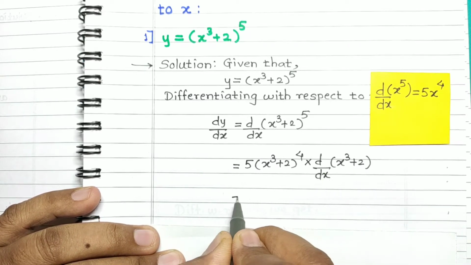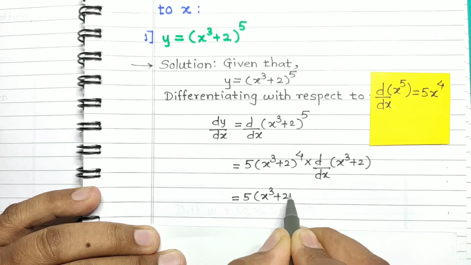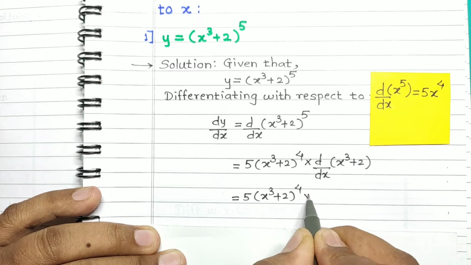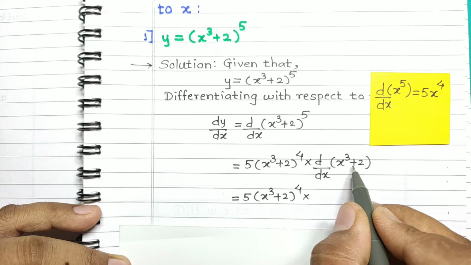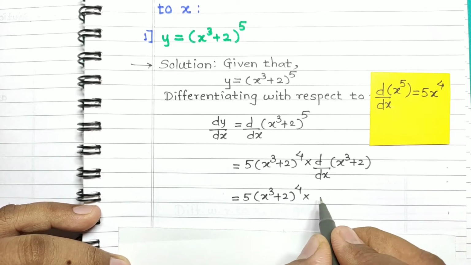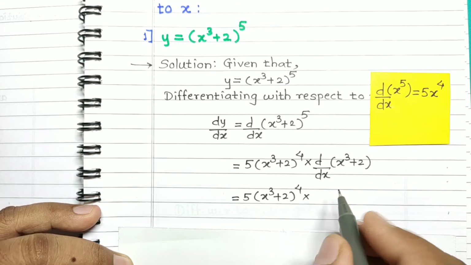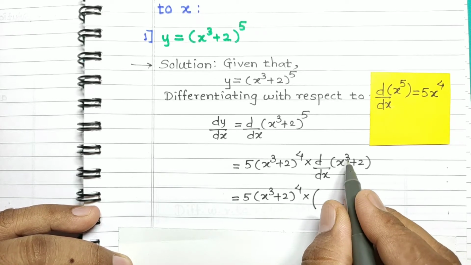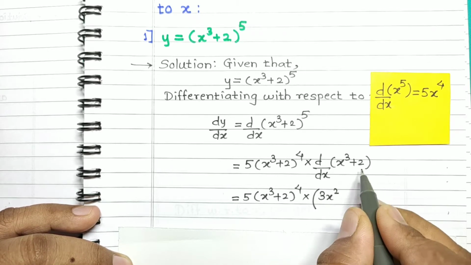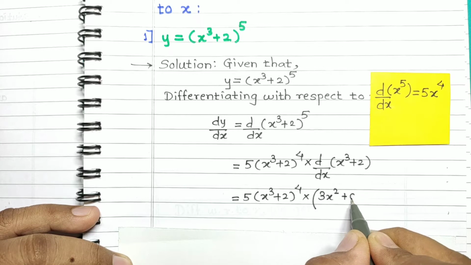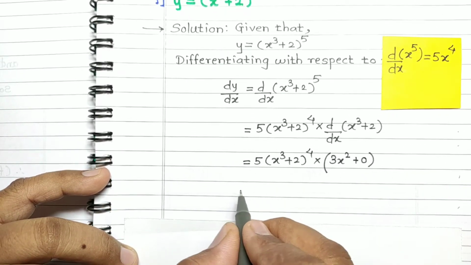Now the next step is easy. Write down the first term as it is. Then here it is a sum of two standard forms, so we can write the derivatives directly. As it is a sum, we are going to add their derivatives. We know that the derivative of x cube is 3x square and 2 is constant, so its derivative is 0.